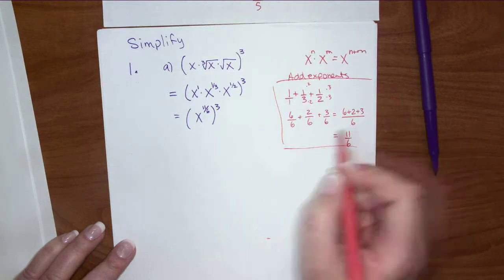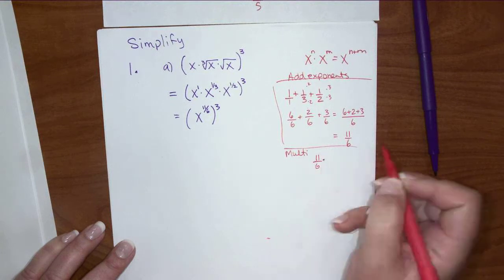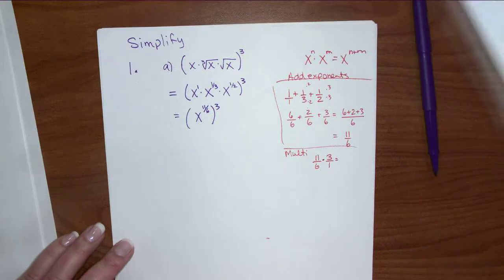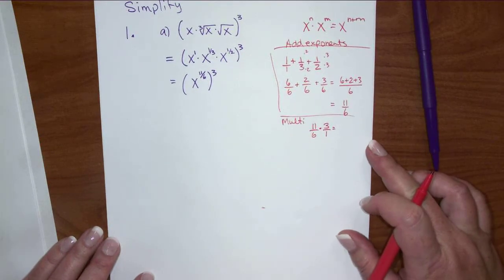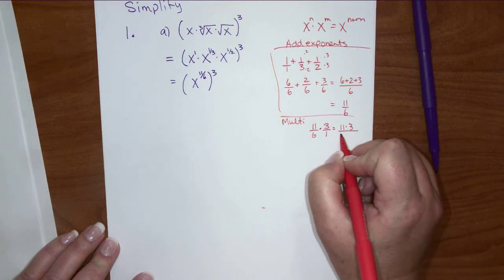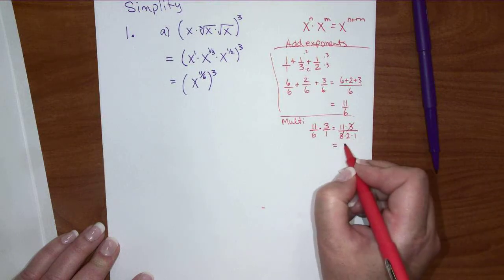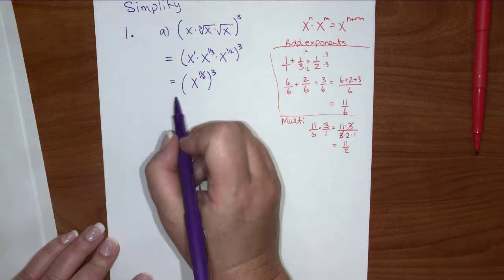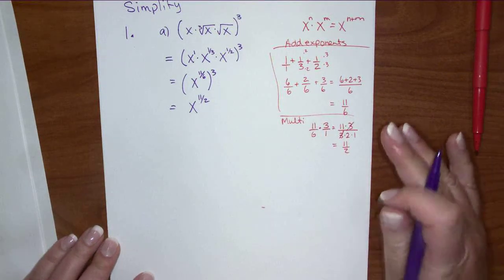And then multiplying 11 over 6 times 3 over 1, it could be 33 over 6, but does anything simplify? 6 is 3 times 2, right? So we could say this is 11 times 3 over 3 times 2, and the 3's cancel. So what do we have left? 11 over 2. So this is x to the 11 over 2, and that would be your answer.